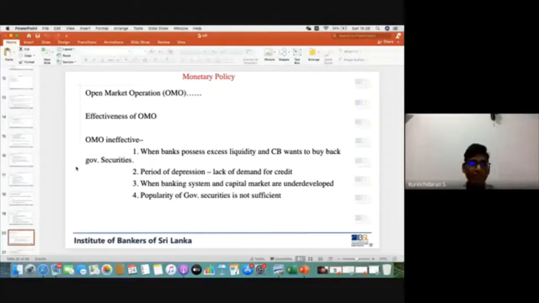The thing we have to remember is that sometimes open market operations may not be effective. Even though we say you can sell the bond and get the money back, and then you think the desired objective would be achieved, that means you influence the credit creation capacity of the banks and ultimately change the price level.